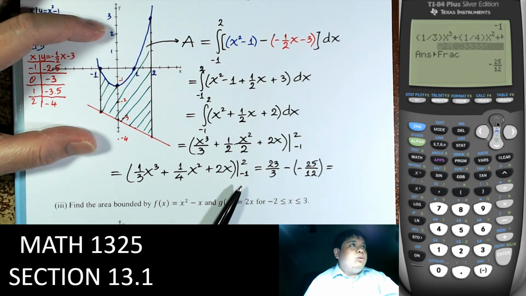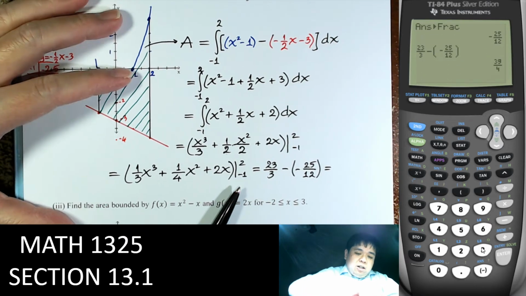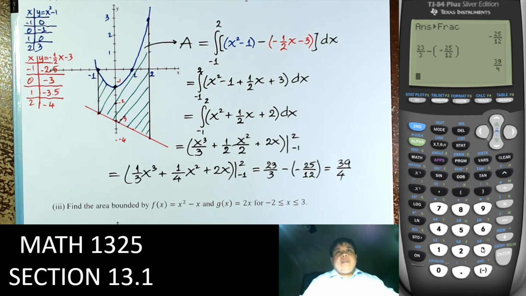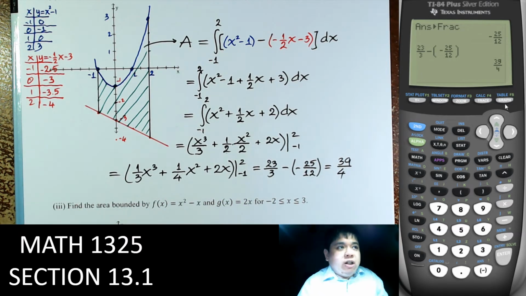So basically we have this fraction subtract this fraction. So that's 39 over 4.